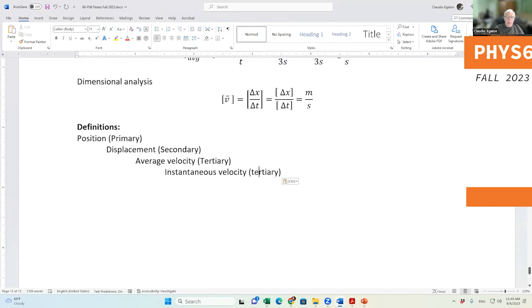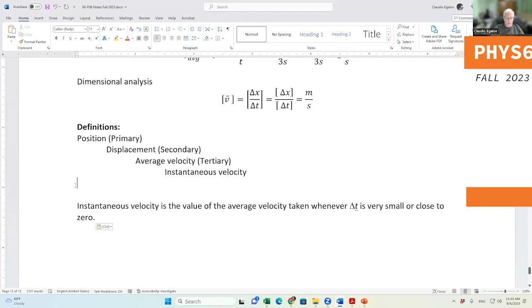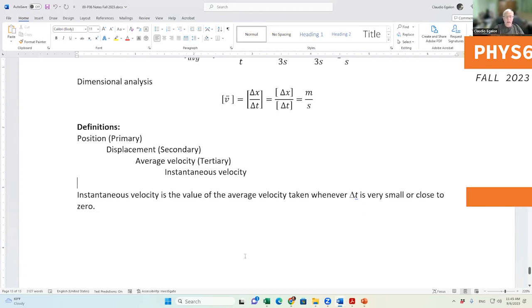And now how is the instantaneous velocity defined? Just first, think about what is exactly the instantaneous velocity. The instantaneous velocity is the value of the average velocity whenever delta t is very small or close to 0.